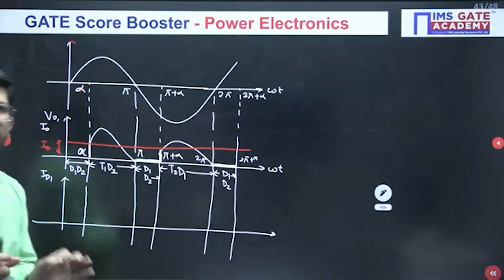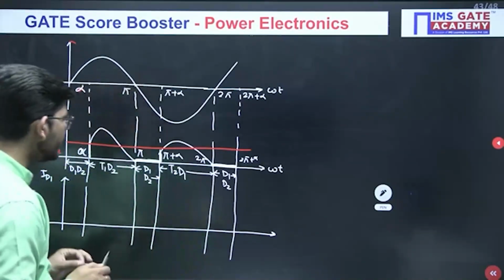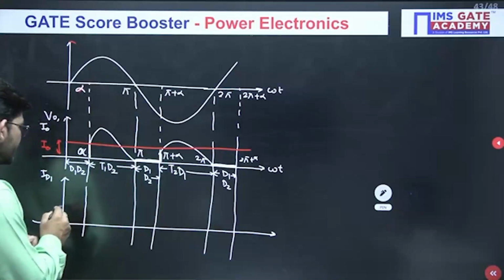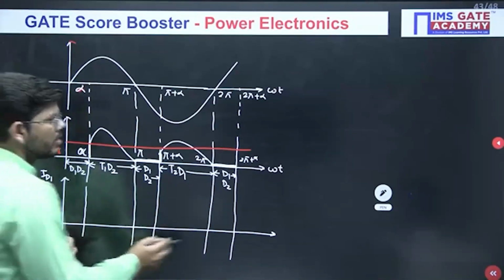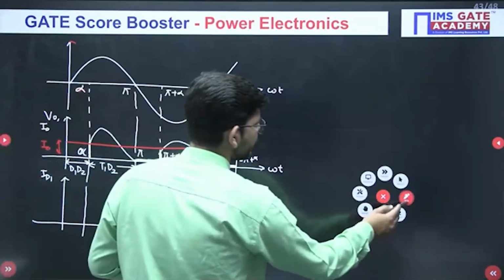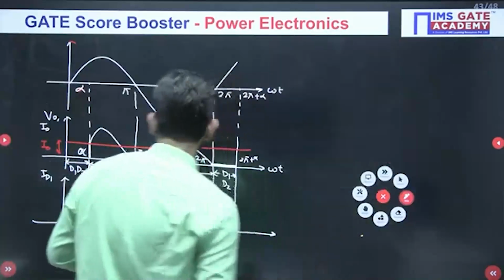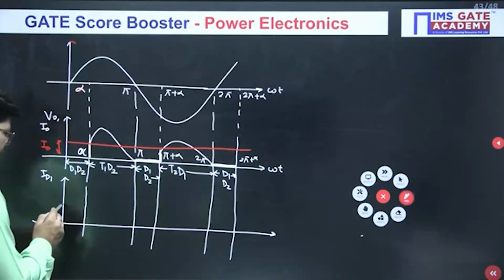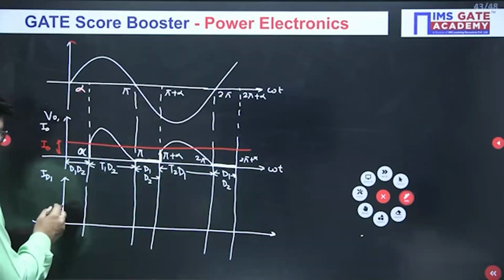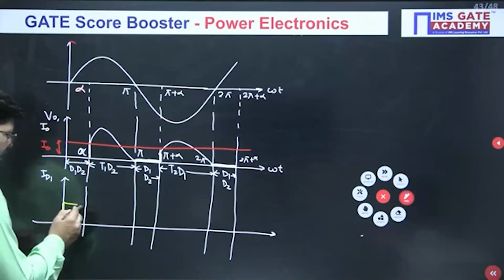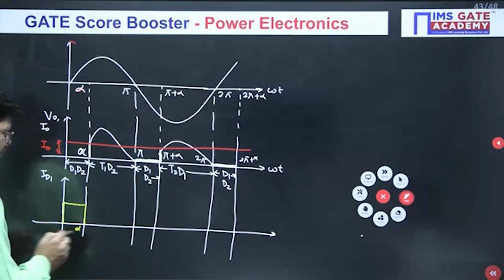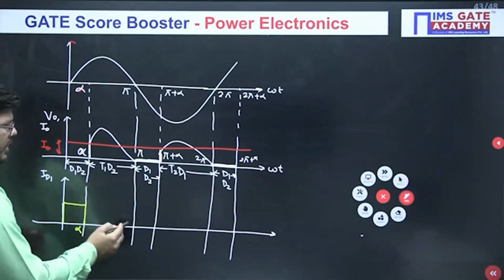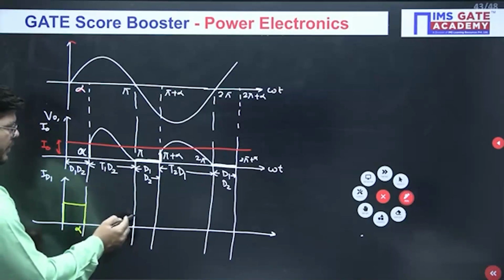Now we have to find the diode D1 current. So just see when diode D1 is conducting. Diode D1 is conducting here as well. Let me use another color. So diode D1 is on here, and at that time it has exactly equal current I naught. This is alpha, then D1 starts conducting from here.